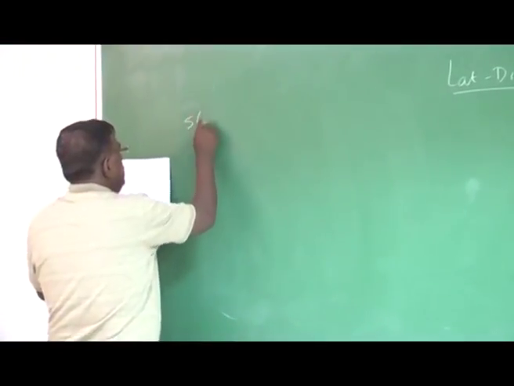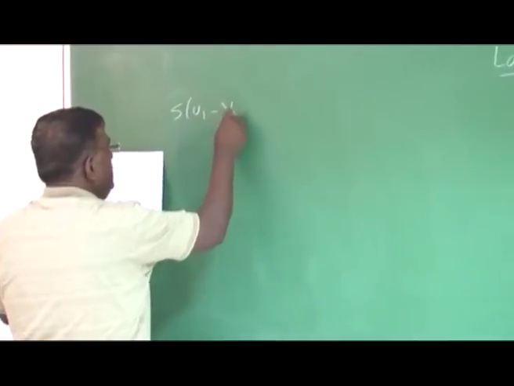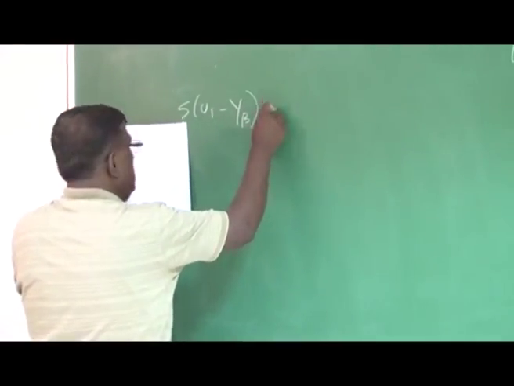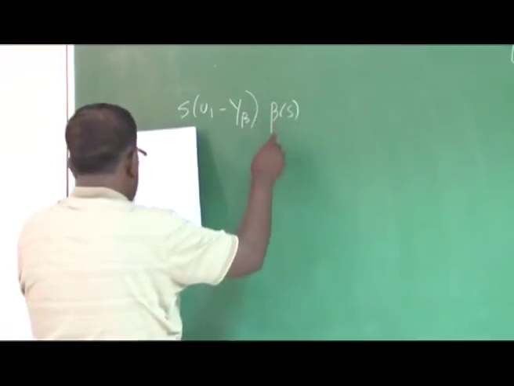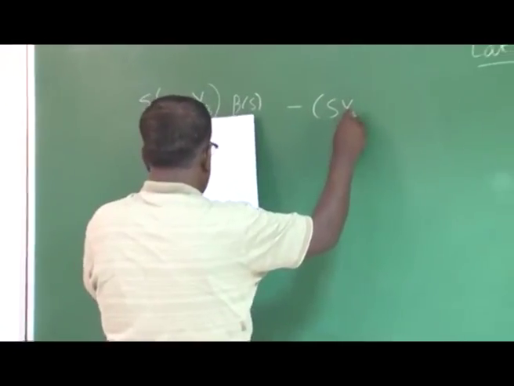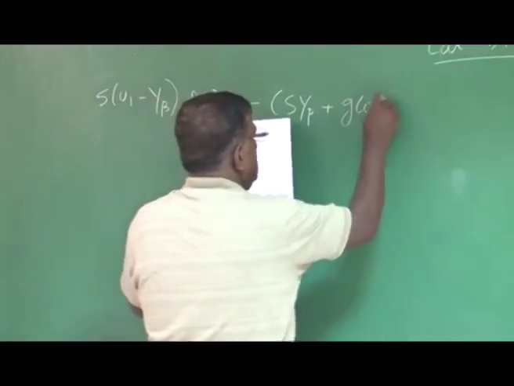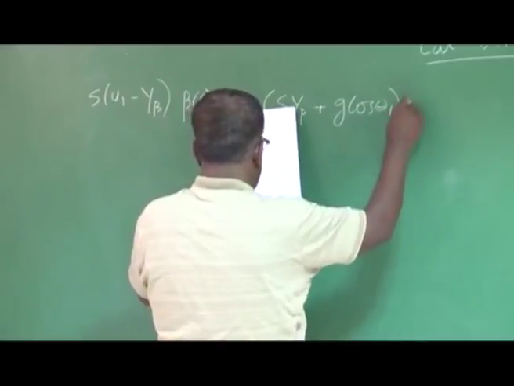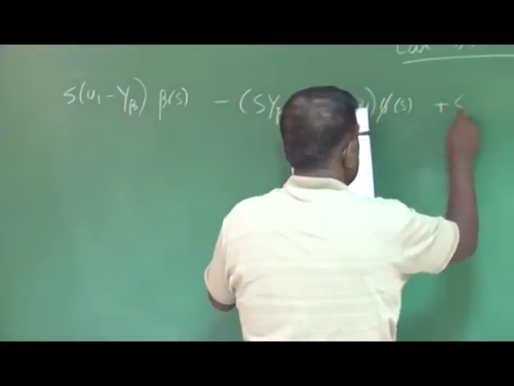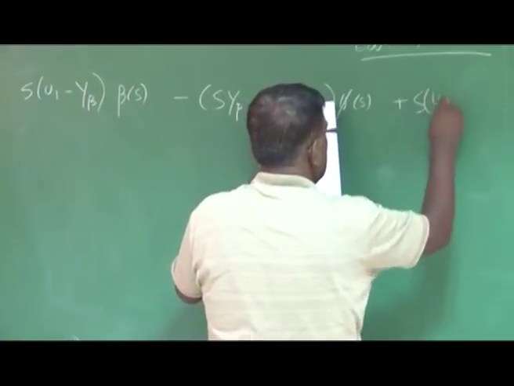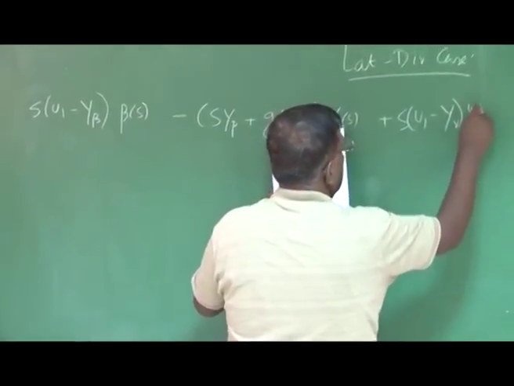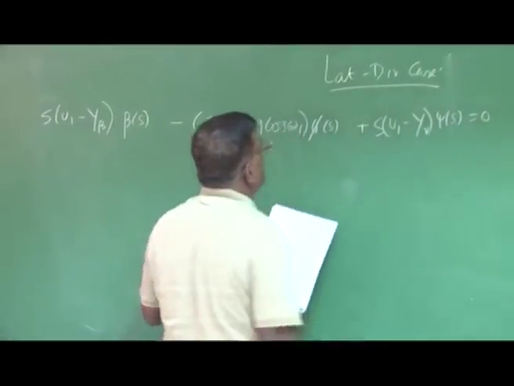Let me write this: Y beta into beta of S, minus S Y p plus g cos theta 1 into phi of S, plus S u1 minus Y r into psi of S. This is equal to 0.